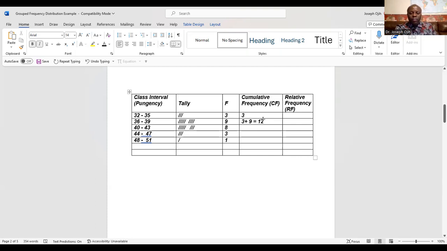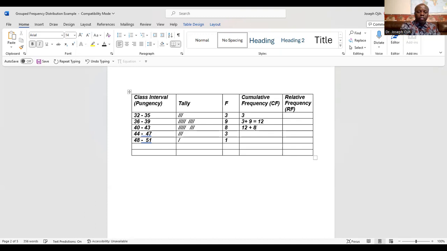So 3 plus 9 gives us 12. Now 12 becomes our cumulative frequency. Then, to get the next cumulative frequency, you add 12 plus 8.